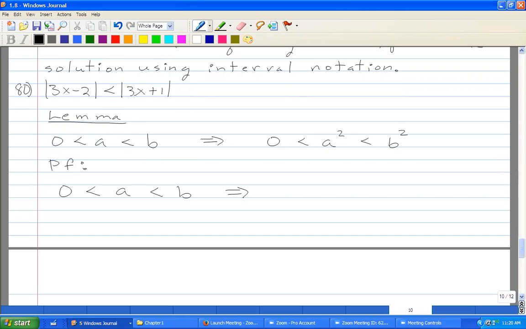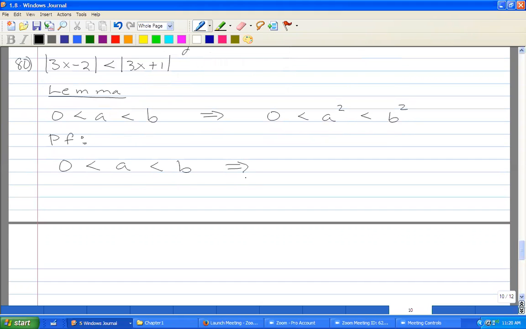Since A is greater than 0, then I can multiply each side of this inequality by A. And so I get 0 less than A squared less than AB.